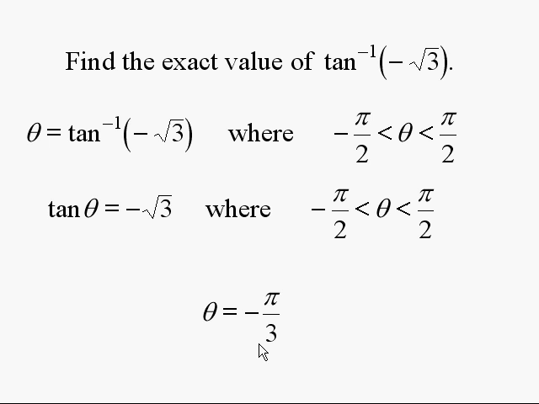Minus pi over 3 will give the reference triangle a 30, 60, 90 triangle to make the ratio of side opposite to side adjacent for the tangent function root 3 over 1, and we'll make it negative to go down to make it quadrant 4 for the appropriate sign of the answer.